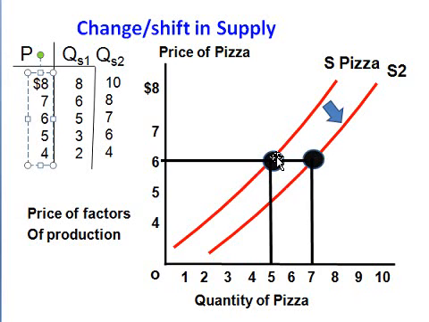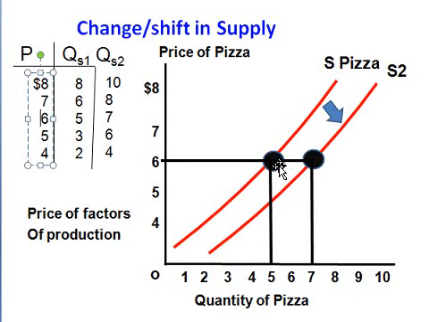Okay, price of oven drops. Price of oven drops. At the same time, price of pizza also drops. So will the producer produce more? No, the producer will not produce more.